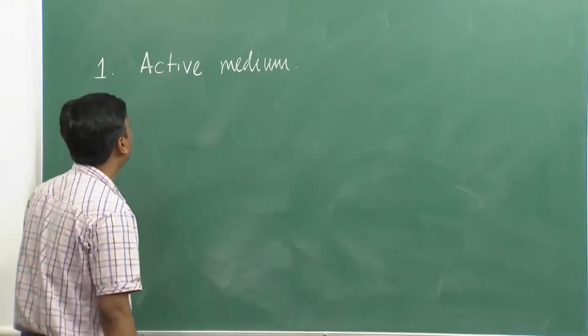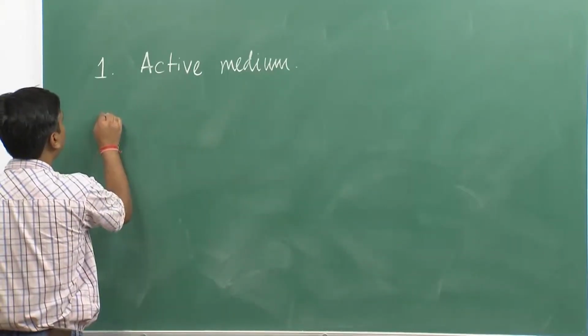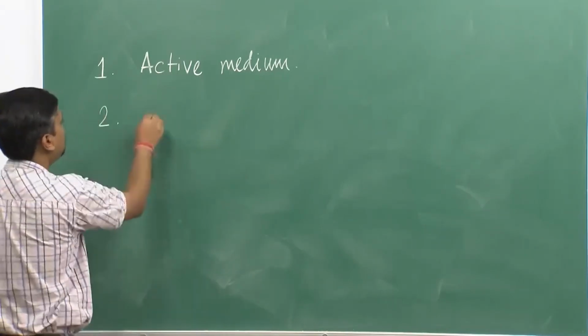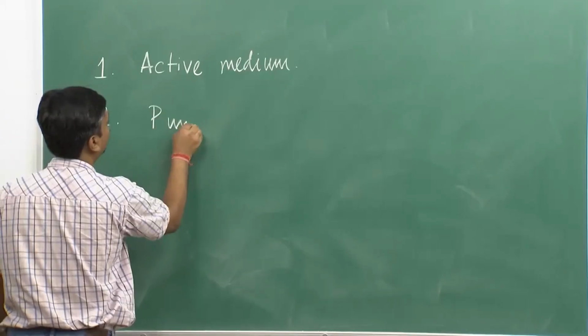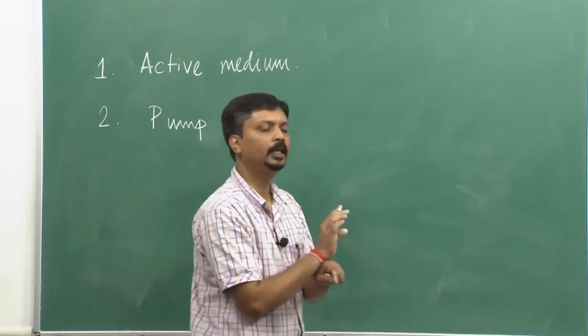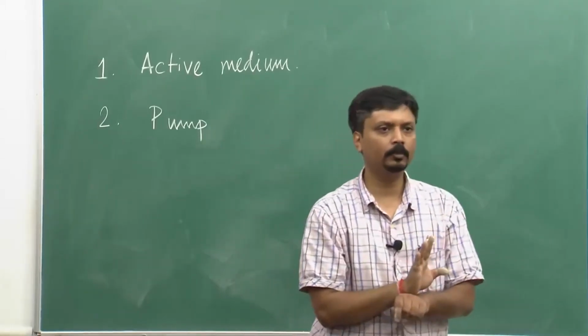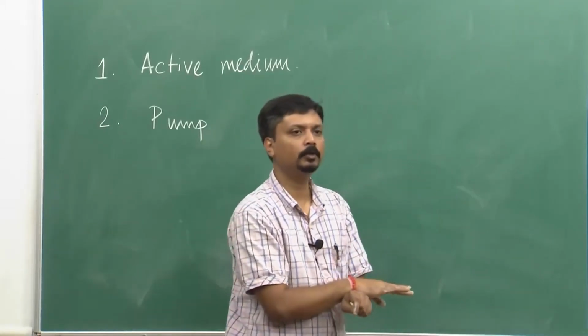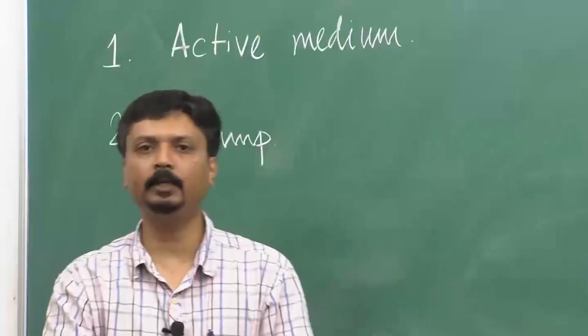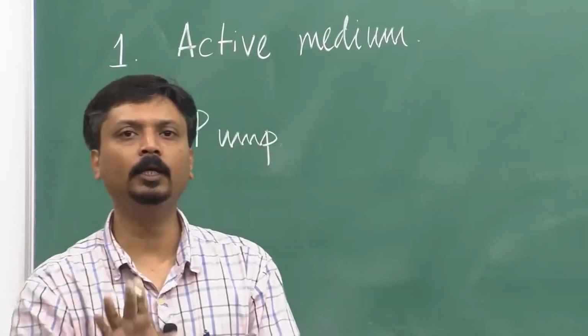And what do you need? You need a pump, because you have to create the initial excitation, correct. So you have molecules or atoms in the ground state, you have to pump them to the excited state and then let them decay to a particular state from where they will lase.